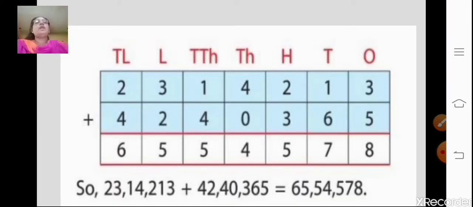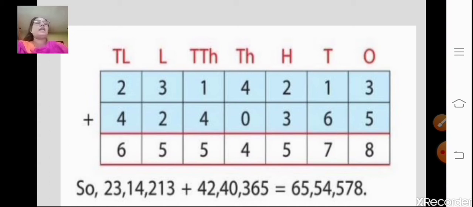Now in this slide you can see a sum, 23,14,213 added to 42,40,365. It is just an addition sum where you have to add the numbers. It is addition without carry over.